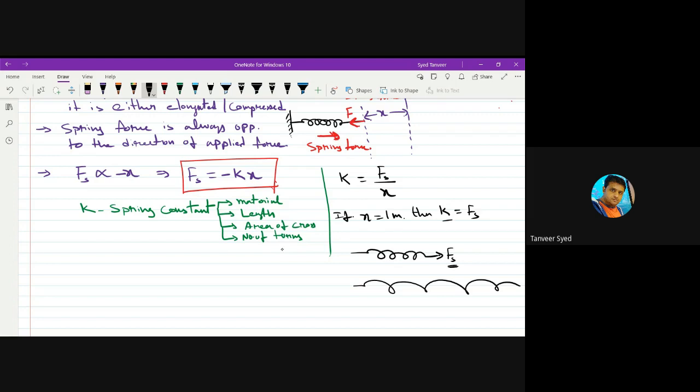That is the spring constant. The force required to elongate the spring by unit length is the spring constant. Or in simple words, the spring constant represents the rigidity of the spring.